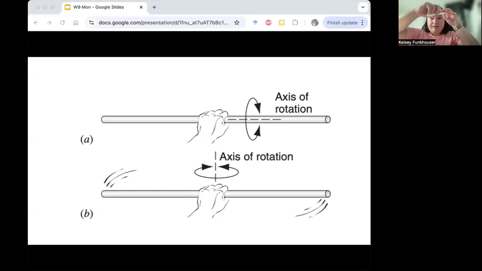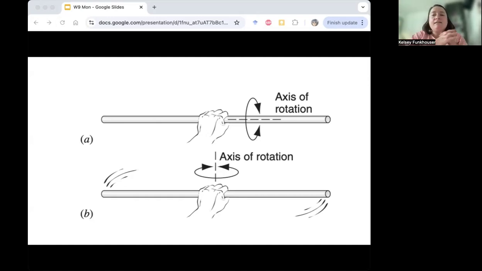And then the other one is perpendicular to the rod, so that's more like this. You'll find, and also maybe you saw from me doing it, that it's a lot easier to rotate along the rod than perpendicular to it.